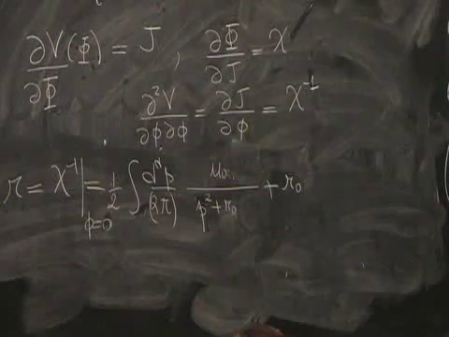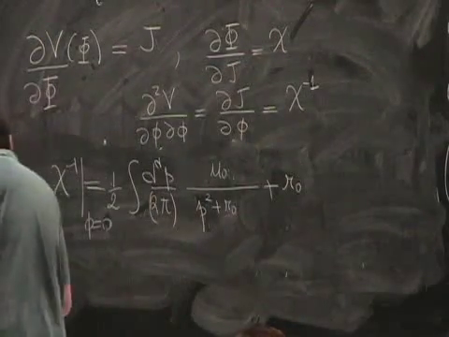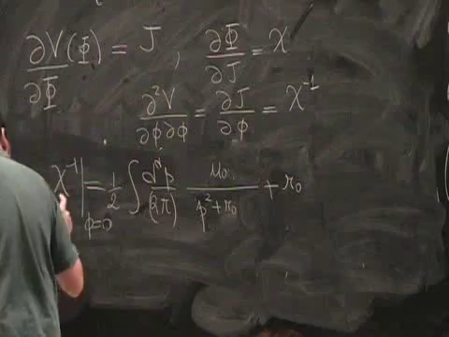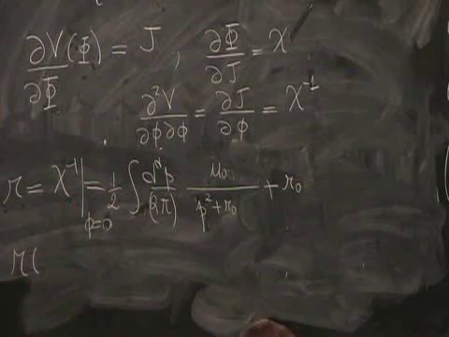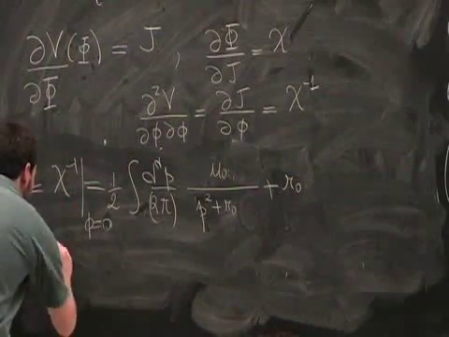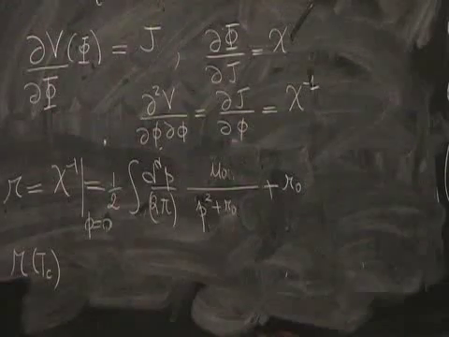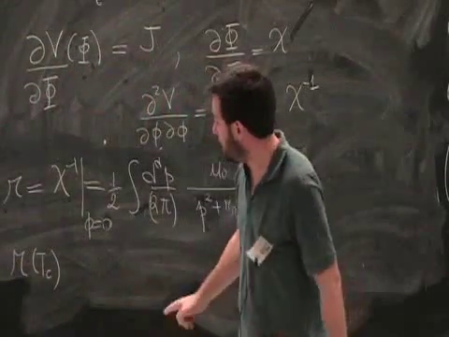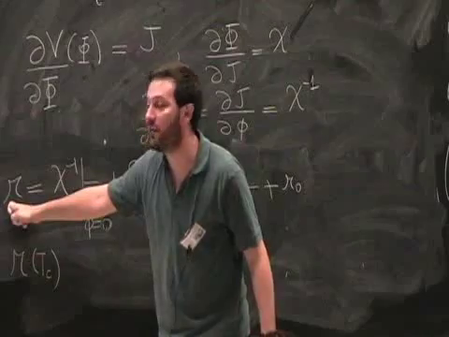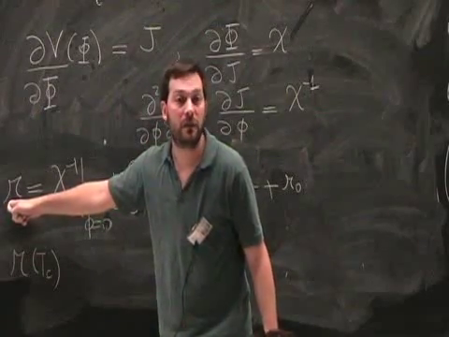Now, what is the temperature where the susceptibility diverges? The susceptibility diverges at the critical temperature. So at the critical temperature, what is the value of R? 0.